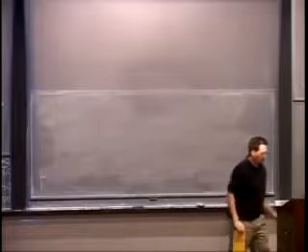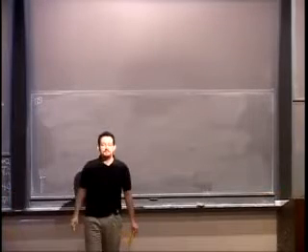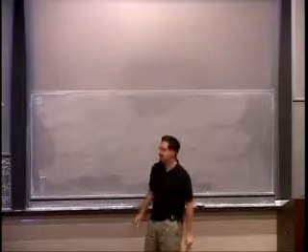So actually, the first example I'm going to label as example 0, unfortunately. I don't know what to call it. I'm going to wimp out really, and I'm not going to use calculus.